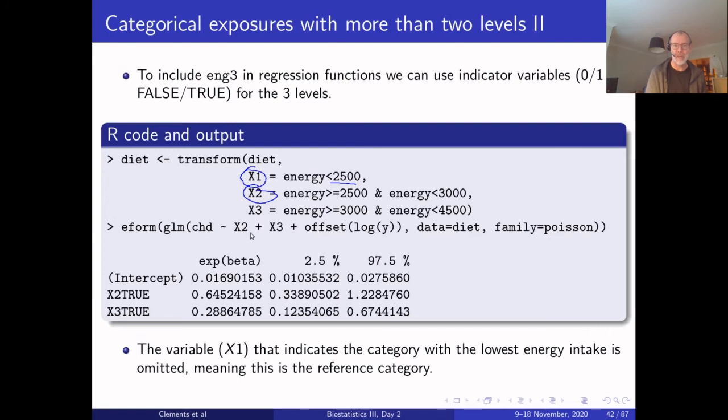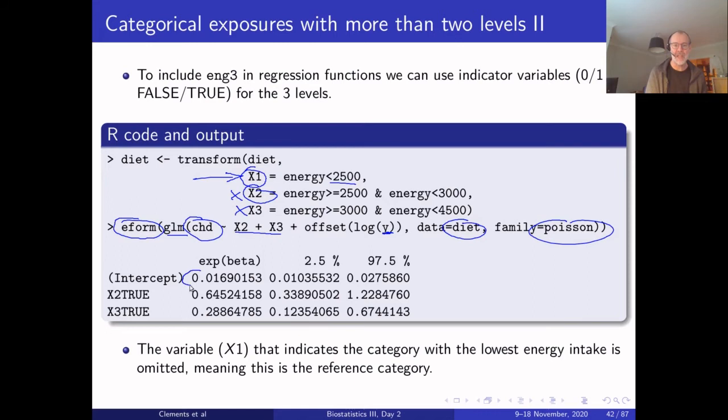Then we use x1 as the reference, which means we include x2 and x3 in the linear predictor, and we include an offset of log of the person time, so that these are counts and we are modeling rates. Using the diet data for Poisson regression as a generalized linear model, we then use E-form to get the incidence rate ratios.